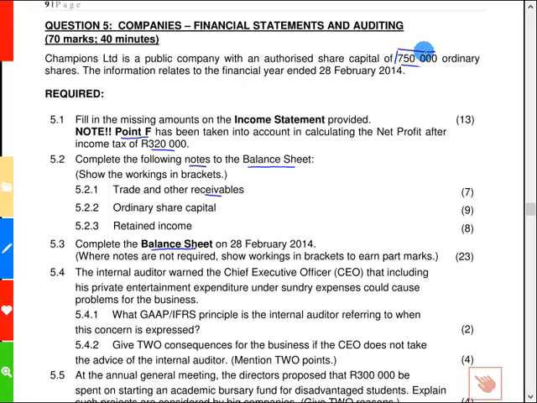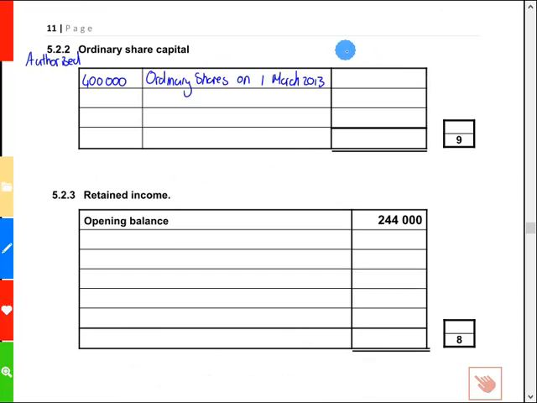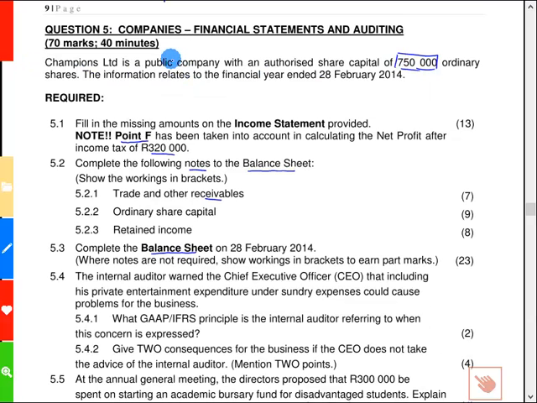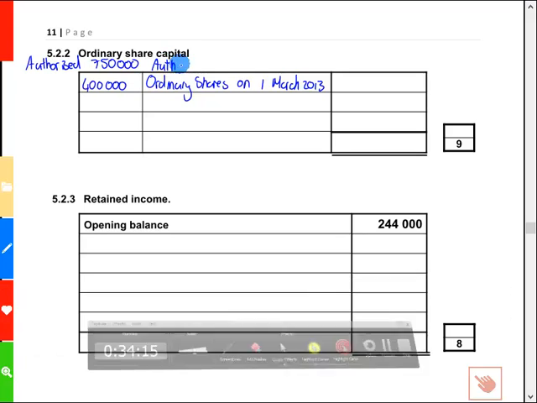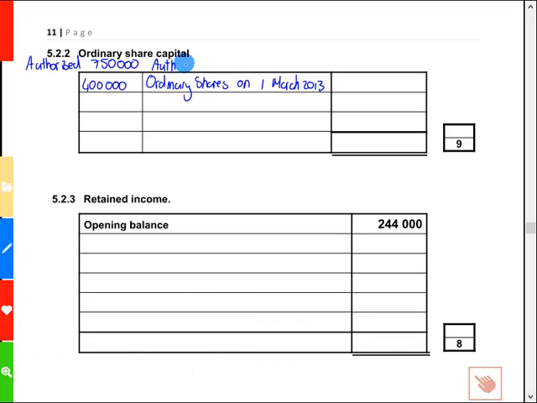That was given to us, so that's 100% correct. 750,000 authorized ordinary shares for this company. Then we've got the actual shares that were issued. Alright, and then we start with the opening balance.